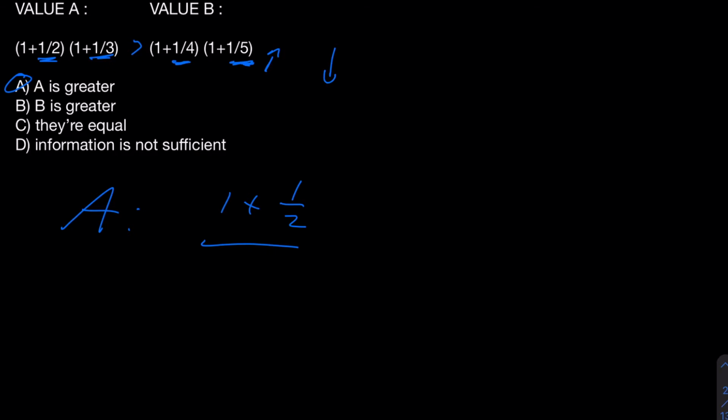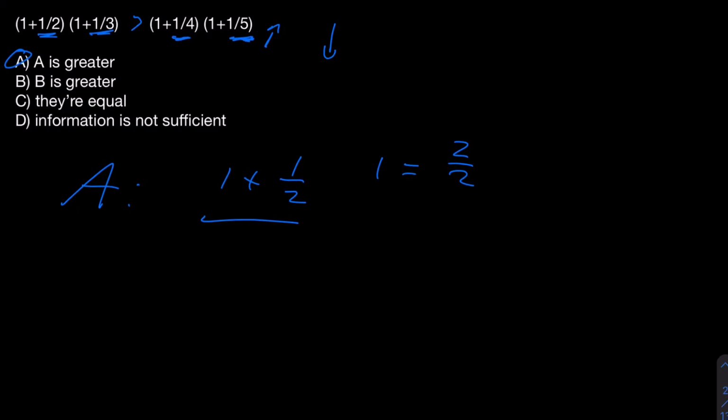We need to be able to add fractions. They need to have the same identical denominators. So how do you make this an identical denominator to 2? Well, 1 is just equal to 2 over 2. They're the same. So instead of writing 1, you could just write it as 2 over 2.